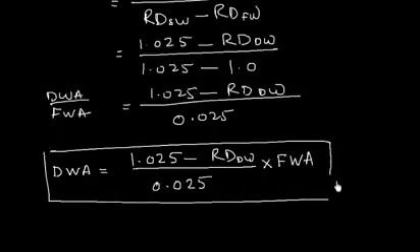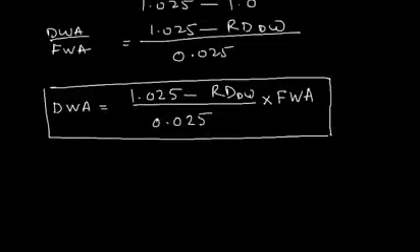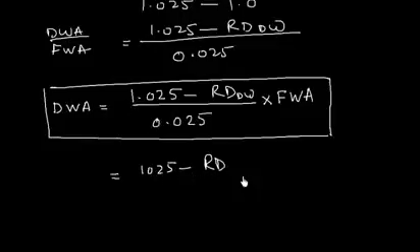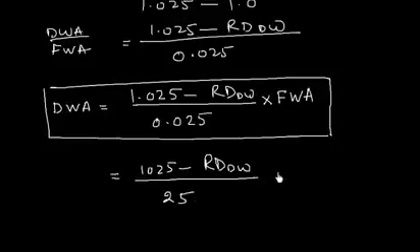Just let me mark this. We can also use this formula if I multiply both the sides by 1000, like this: 1025 minus RD dock water in the multiple of 1000 divided by 25 for easy reference, multiplied by freshwater allowance. So this is a dock water allowance.